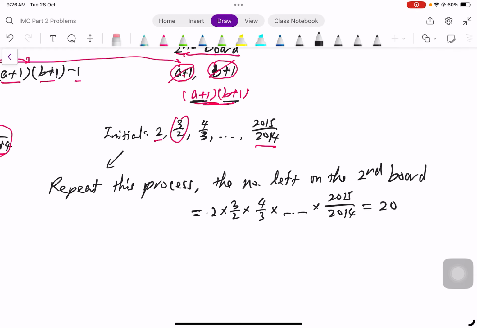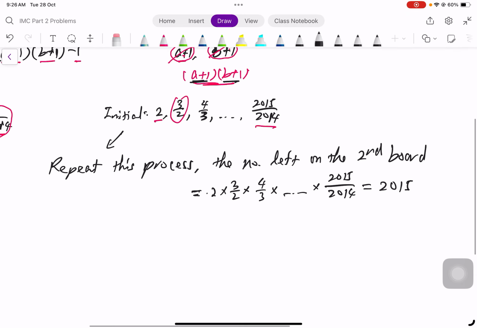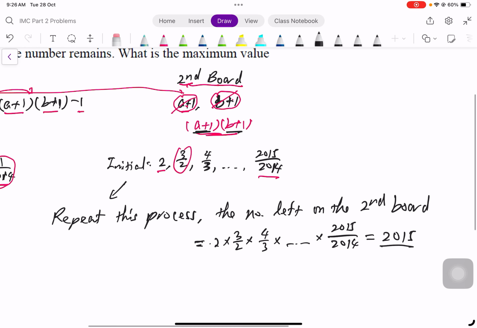And the answer is actually 2015. That means the number left in the second board is actually 2015.